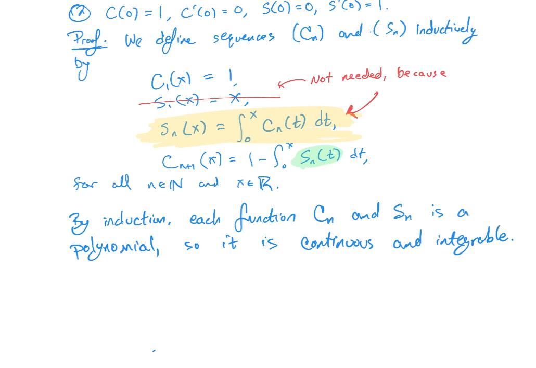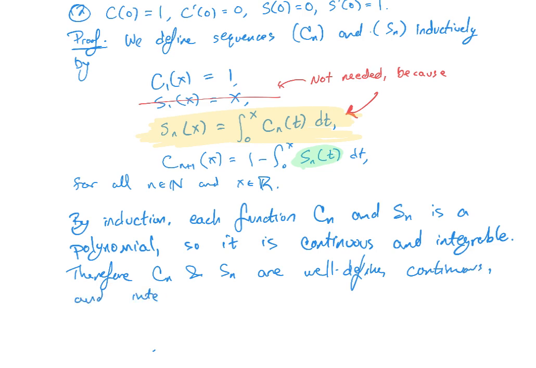And then we go back, we see that S2 is a polynomial, etc. They're all polynomials, so they're all continuous, so they're all integrable. So therefore, Cn and Sn are well-defined, continuous, and integrable for all n.